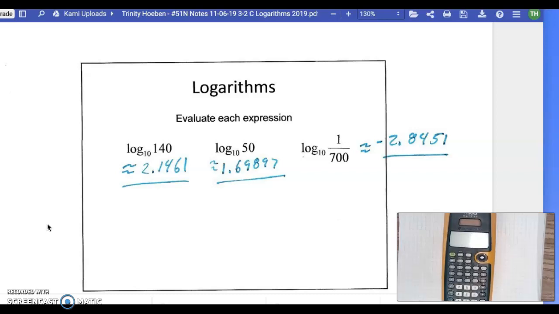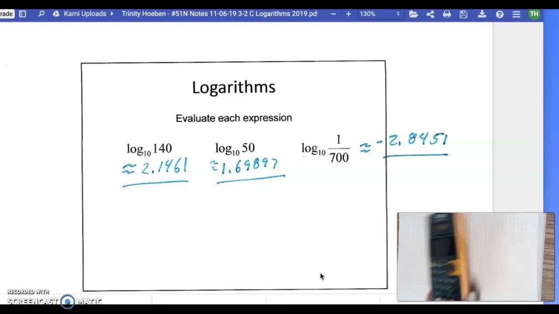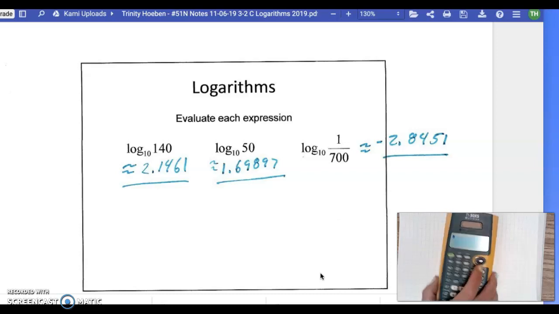Anytime you see log base 10, that's what your calculator automatically comes in. So you can just hit the log button and then hit equals. For the first one, we're going to type log of 140. Oh, the calculator's not on. Let me turn the calculator on.